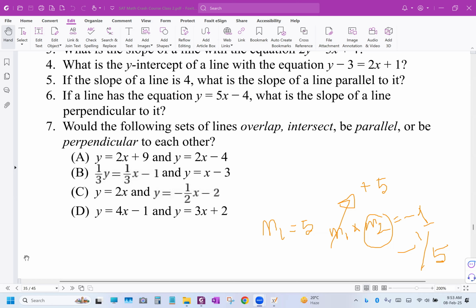And C might also be perpendicular. You can think a little bit. That's okay. I don't know about D.